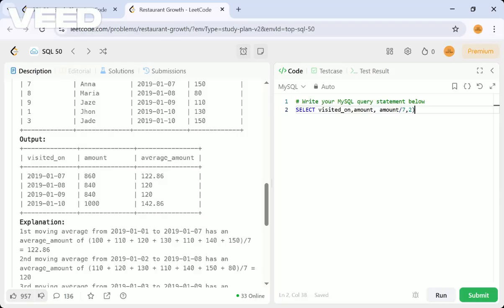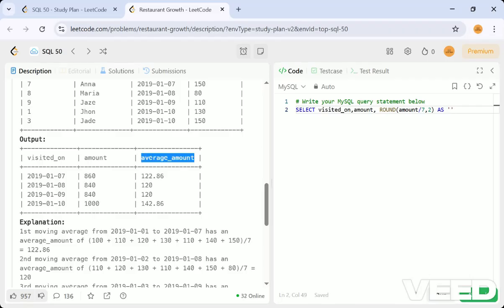So that should be rounded up to 2, right? So let me have the round function here, rounded up to 2. Amount divided by 7. Okay, this should be given as average amount. Let me name it average amount. Okay, so now these are the things which they want.